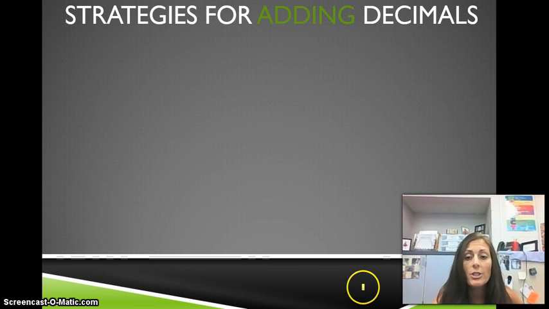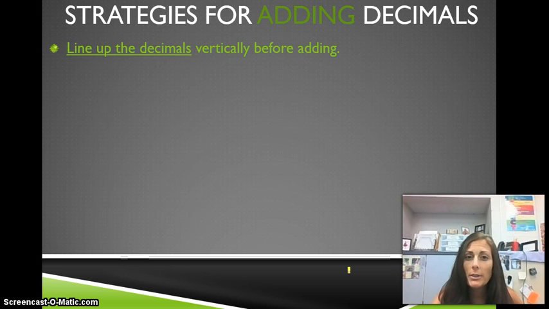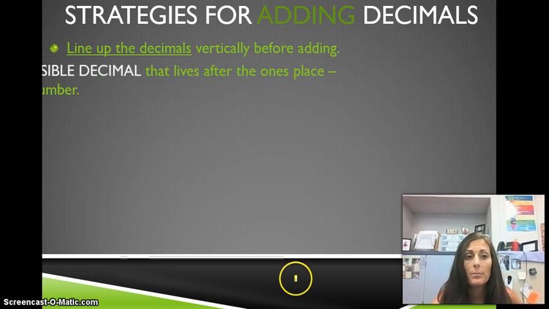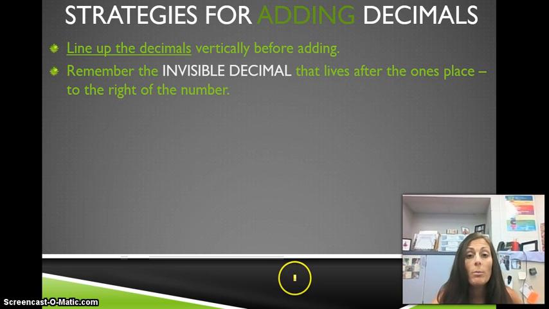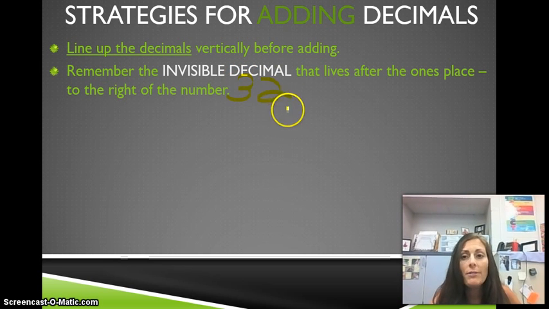There are certain strategies for adding decimals. You don't need to write these down, but please just listen closely. Your first strategy is to line up the decimals vertically before adding. Remember the invisible decimal that lives after the ones place, to the right of the number. Sometimes I like to think, if you have a number like 32 and you need to add that to a decimal, kind of think of money.